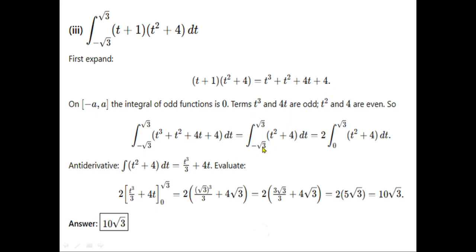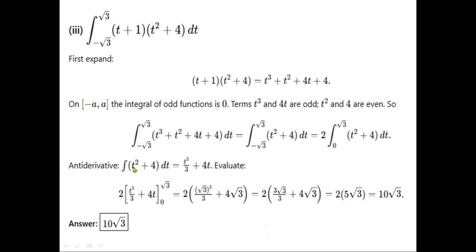So the integral from minus root 3 to root 3 of t square plus 4 dt, these limits can be converted as 0 to root 3 into 2, that is 2 into the integral from 0 to root 3 of t square plus 4 dt. Then we integrate these terms.